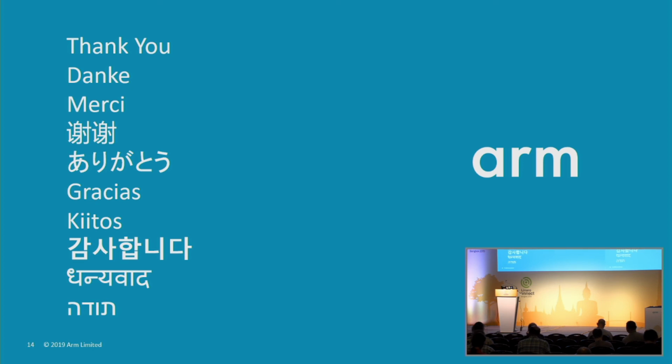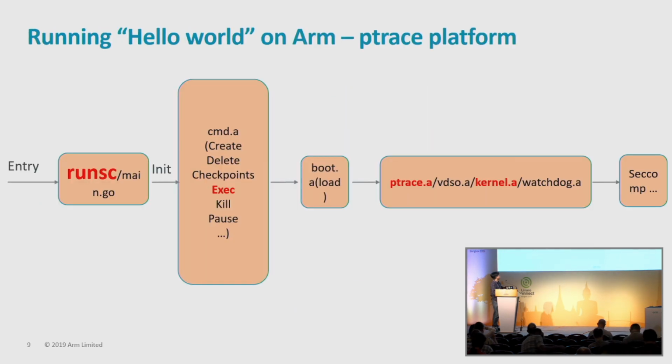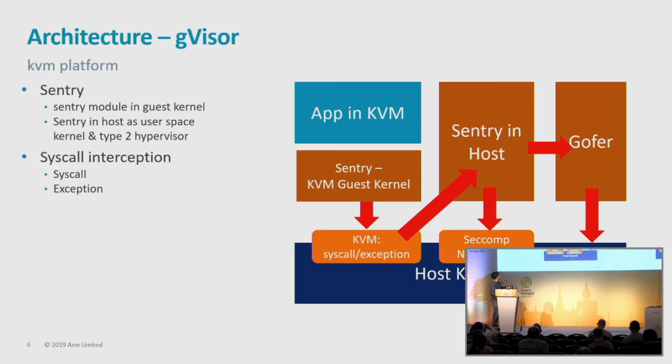Currently we are trying to enable the KVM platform, and in Intel, we have investigated the KVM platform. Just like in this page, there are several key features in the KVM platform.